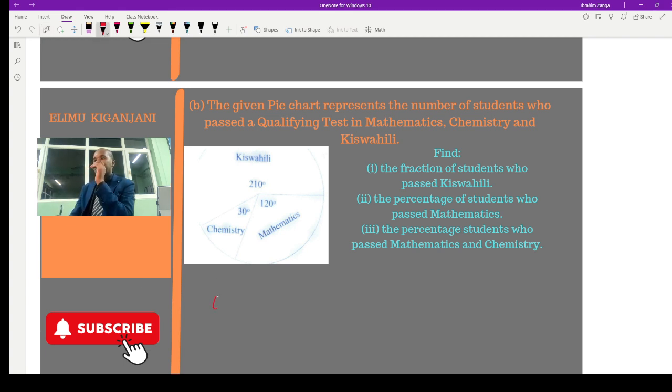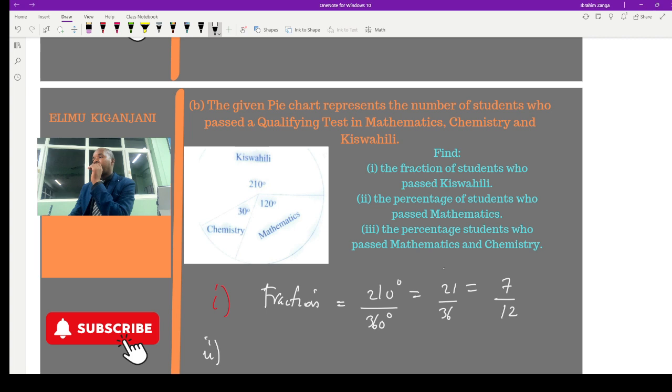For part 1, the required fraction will be 210 degrees over 360 degrees. So this is 21 over 36, divided by 3, 7 over 12, of course. So that is the solution for part 1.